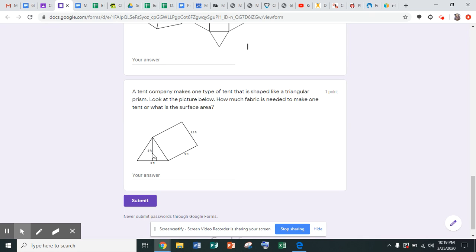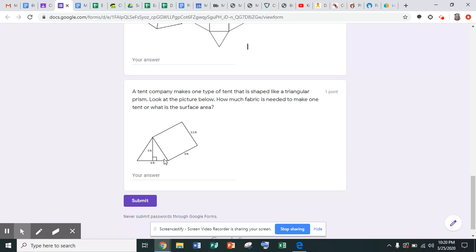There are 2 triangles, a front triangle and a back triangle. Again, it's 1/2 times the base times the height, and you're going to use that to find both of them. So you're going to have 2.